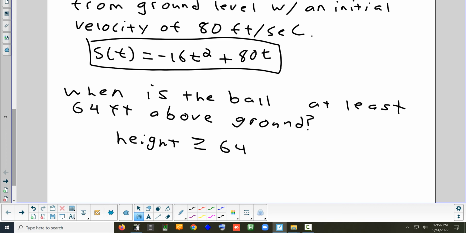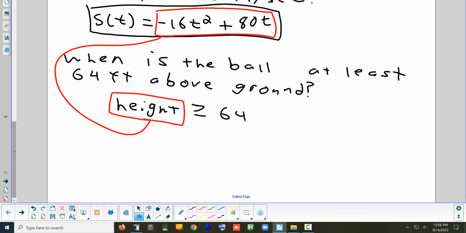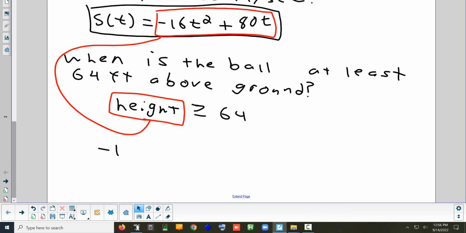So take your formula for the height, which is right there, and fill that in for height. When is the height greater than or equal to 64? So it's negative 16t squared plus 80t greater than or equal to 64.